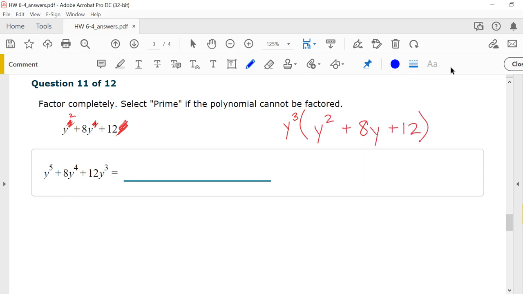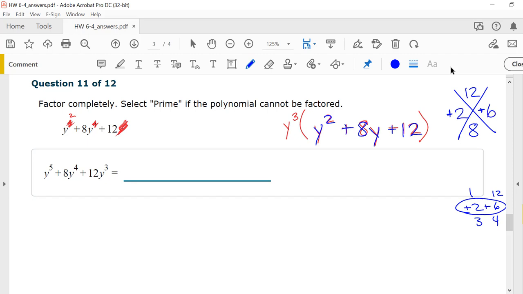Now to factor the y squared plus 8y plus 12, I want 12 on the top, 8 on the bottom. They're both going to be positive. 1 and 12, 2 and 6, 3 and 4. Plus 2 plus 6 gives me 8. Okay, I have y cubed, y plus 2, y plus 6.